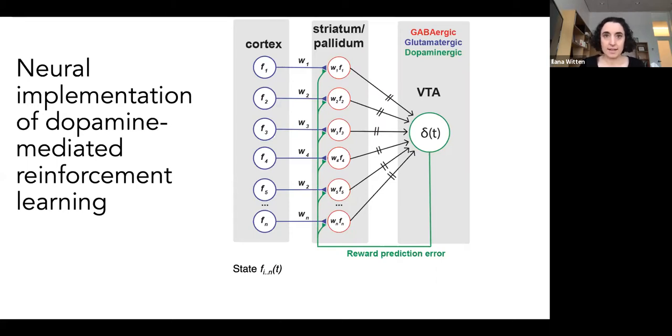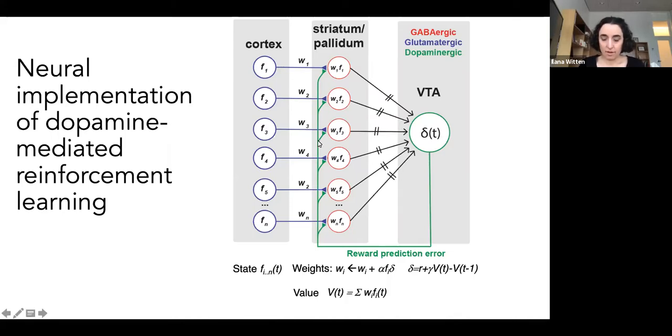And the idea is that these inputs from cortex to the striatum or pallidum in the basal ganglia get strengthened by this teaching signal, this dopamine reward prediction error signal, which is in green in this diagram. And that produces striatal neurons that encode reward prediction or value that's associated with the input neurons because the weights are getting modified by that dopamine signal.